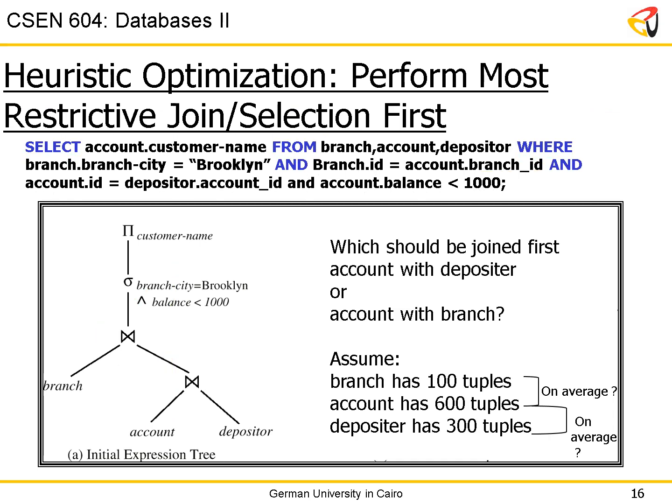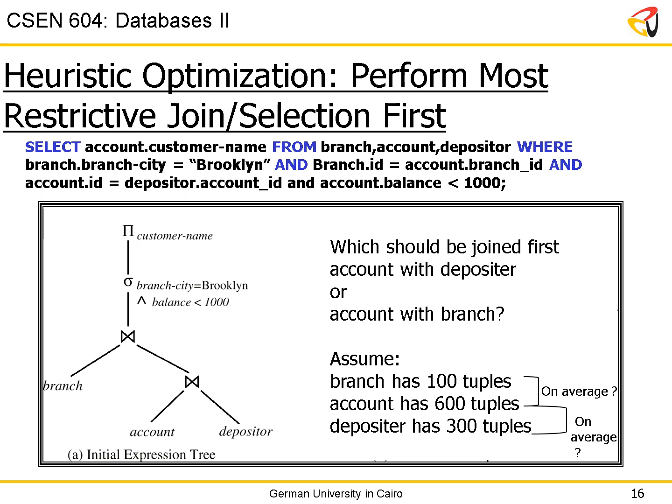The third heuristic is perform most restrictive join and selection first. Now, let's talk about the restrictive join, and the selection will become clearer as a consequence of that. If you look at the tree at the left in the slide here, I'm joining account with depositor, and then later I join it with branch.